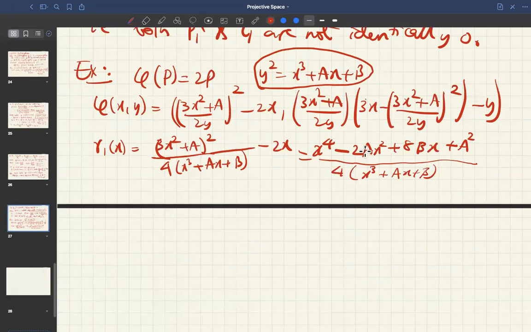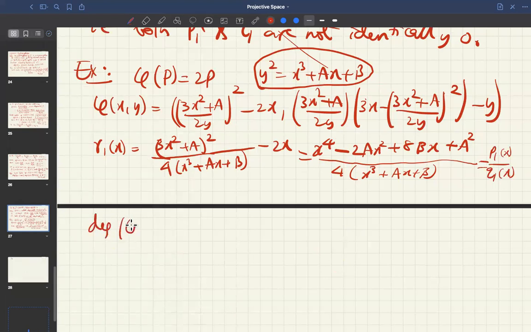And you have to see whether there's a common factor here. One can see that there's no common factor. So this is P1 x by Q1 x. So degree of phi is actually 4. It's the maximum of 4 and 3, which is 4. Is that okay?